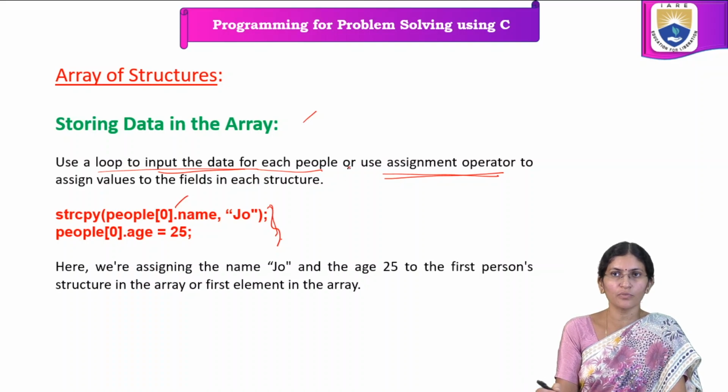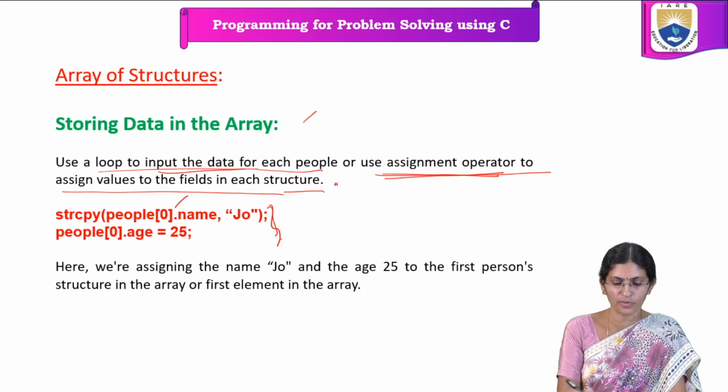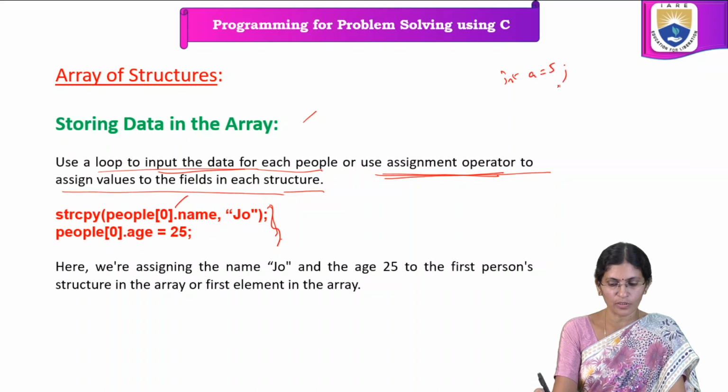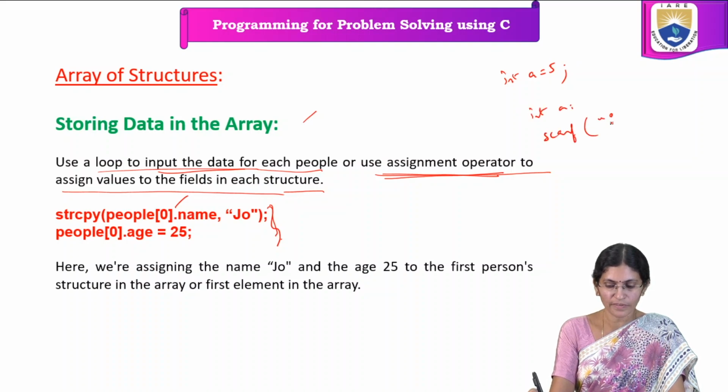There the user will give the input. So use a loop to input the data for each person, or use the assignment operator to assign values to the fields in the structure. Just as in the case of variables, you can assign in 2 ways. int a = 5 is called static initialization. The other one: if you declare a variable int a, and then use the scanf function with %d and &a, this is runtime initialization.